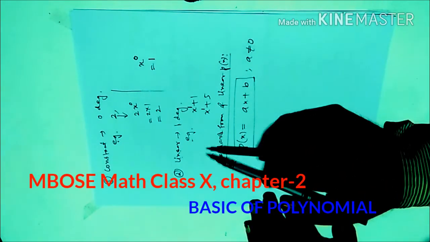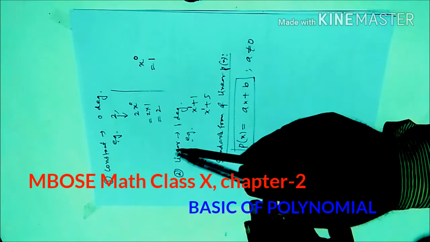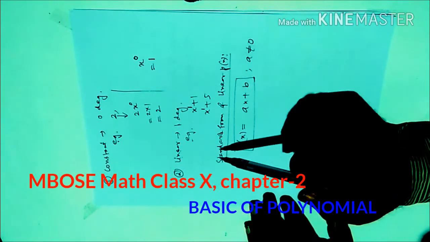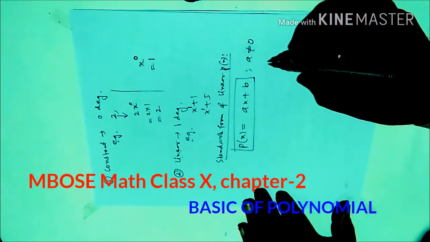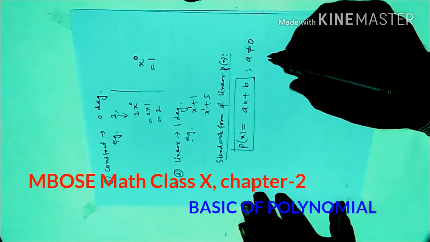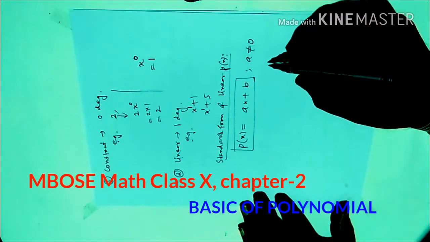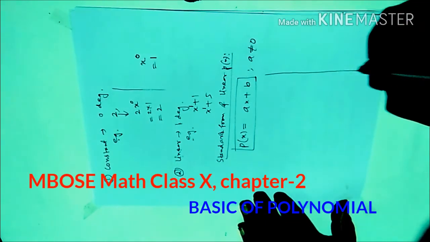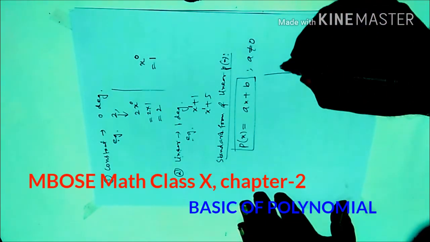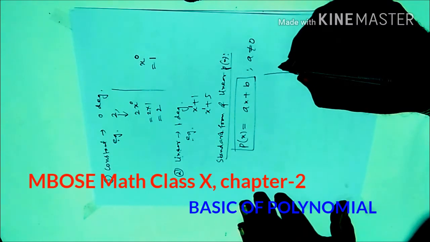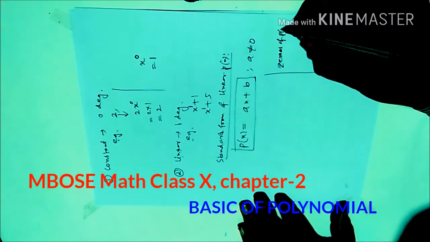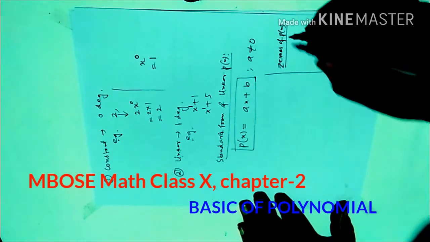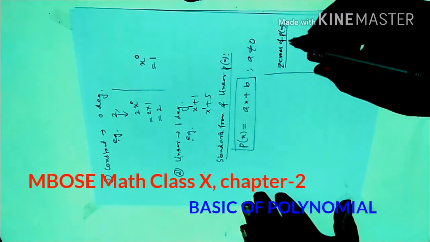And before I discuss linear, constant and quadratic, cubic, bi-quadratic, one thing I want to share with you. What do we call zeros of polynomial? You know from class 9. Okay, let me give you the zeros of polynomial. Here right hand side you can write zeros of polynomial. So what do we call zeros of polynomial?